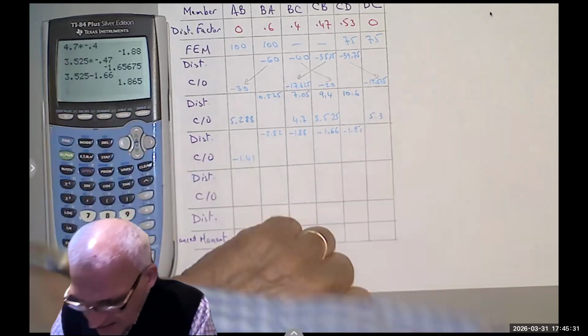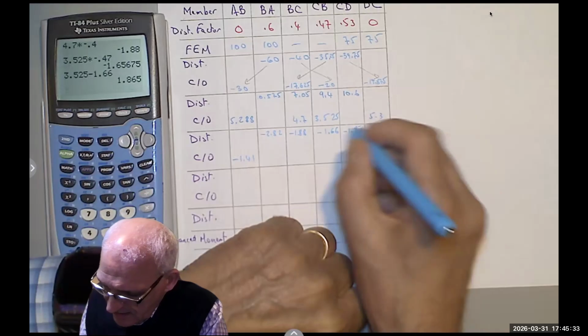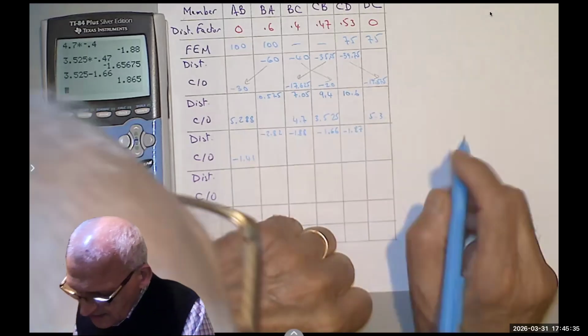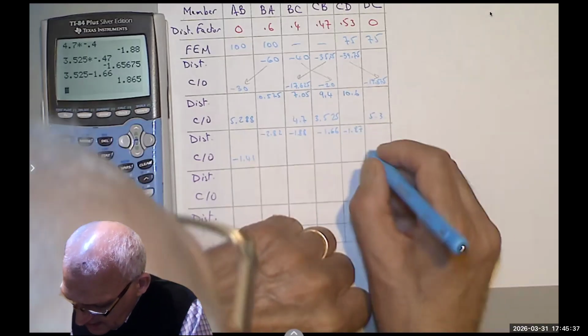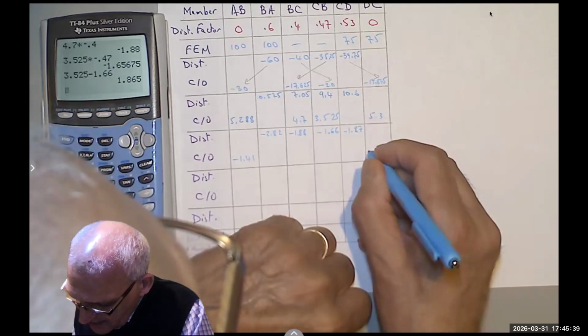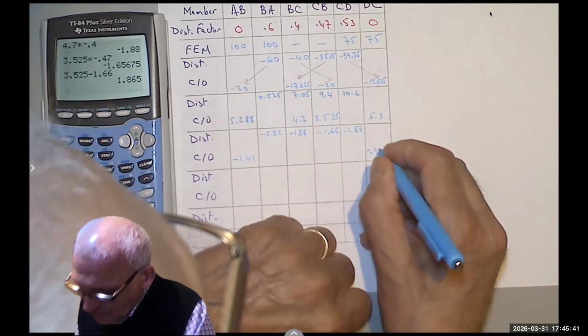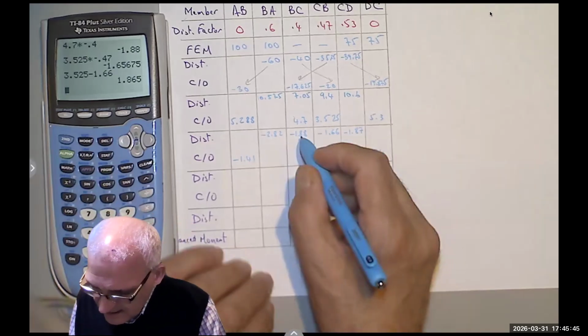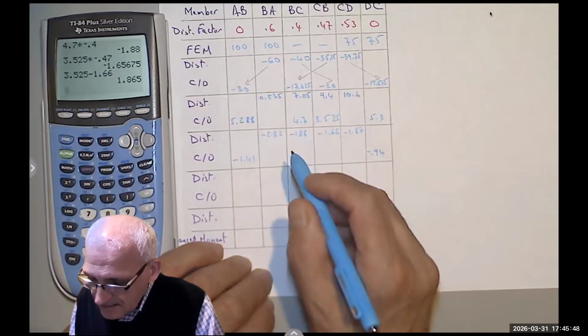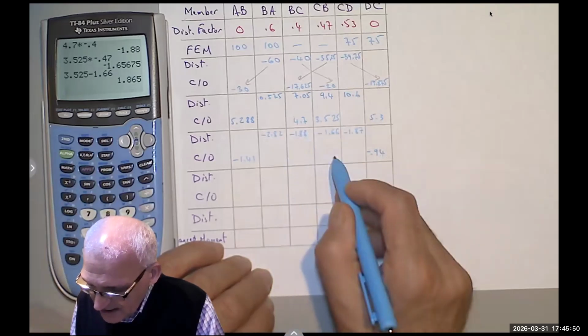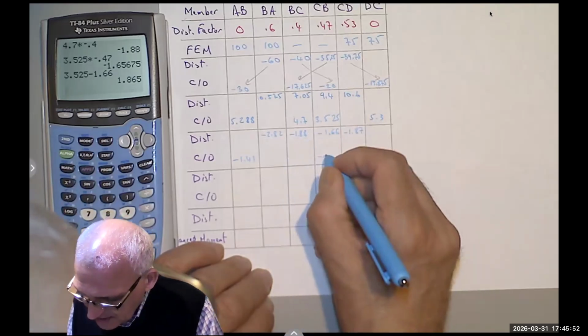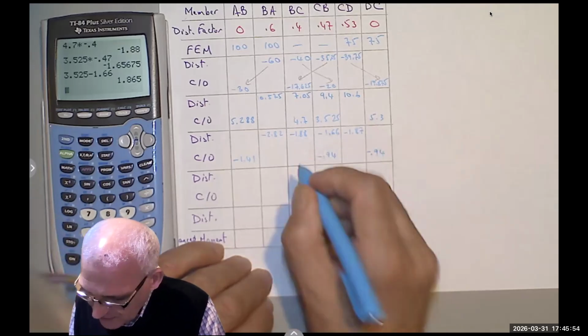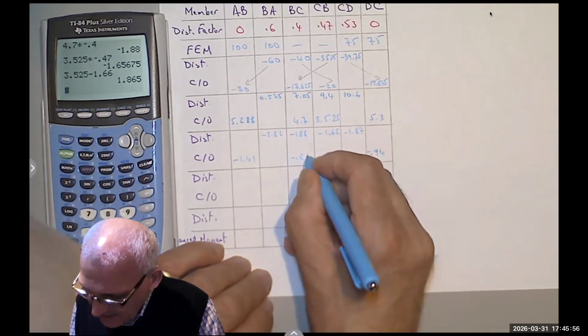There will have to be some kind of approximation anyway, and this would be negative 0.94. Then again, half of this will go here, negative 0.94, and half of that will go here, negative 0.83.